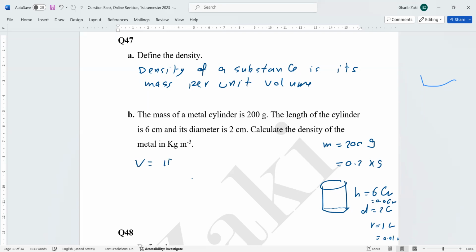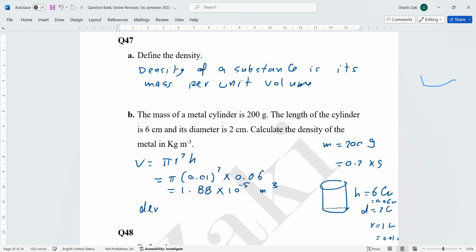The volume of the cylinder is pi r squared h. So it's pi multiplied by 0.01 squared multiplied by h, which is 0.06. So the answer is 1.88 multiplied by 10 to the power negative 5 meter cubed.